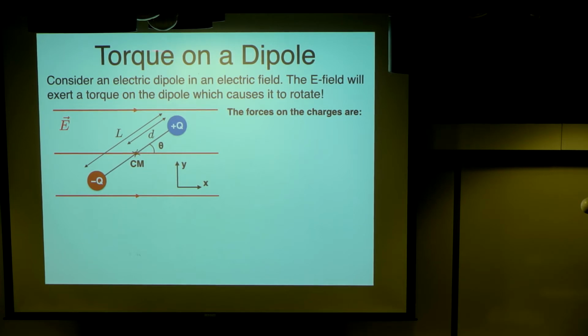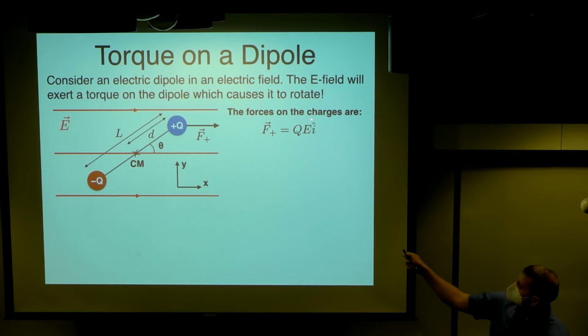Now, let's label the forces that are acting on each charge. So we have F positive going with the field, like we just said. I'm going to write this in the following way. Since this force is going in the positive x direction, according to our picture, this would just be positive Q times E, because that's how we get the force given a charge and an electric field.